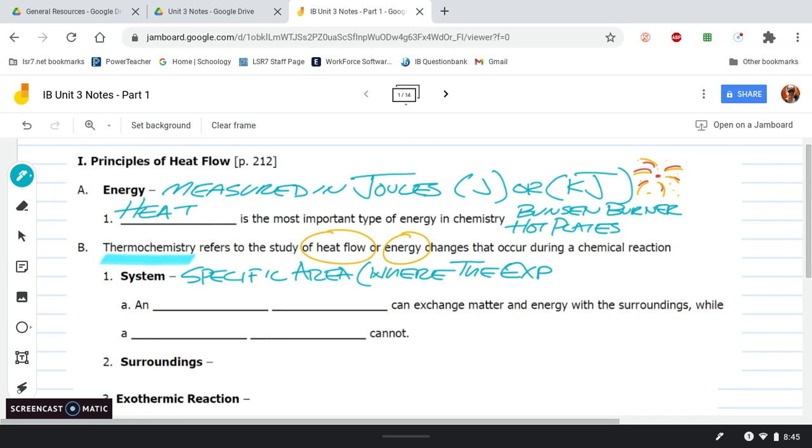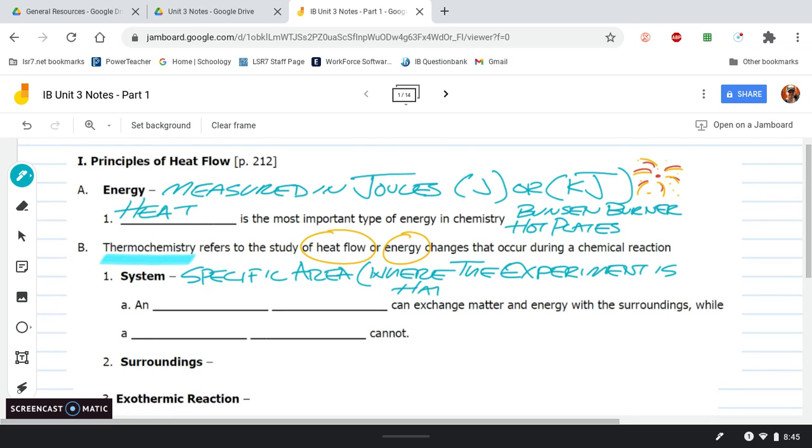And so that can be a cup, that could be a room, that could be a sealed metal container, that could be a cardboard box. It's wherever the experiment is happening.